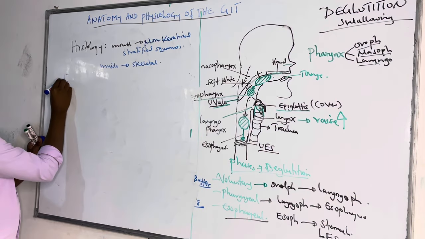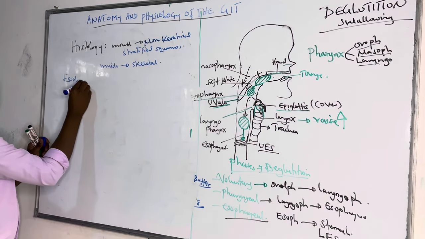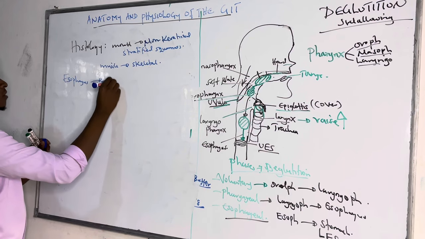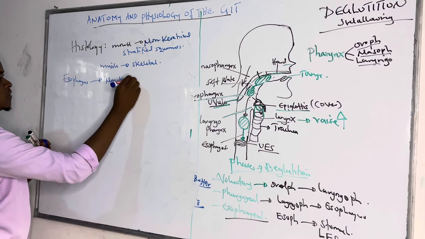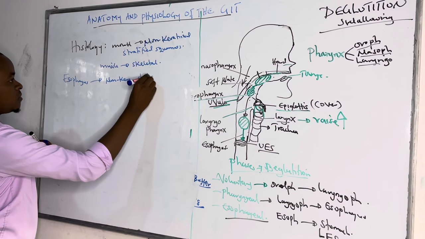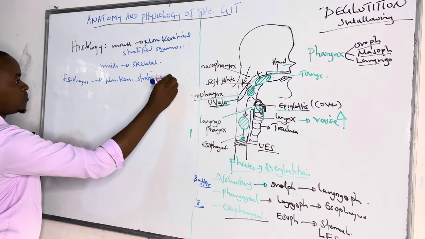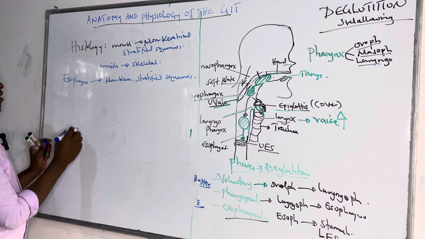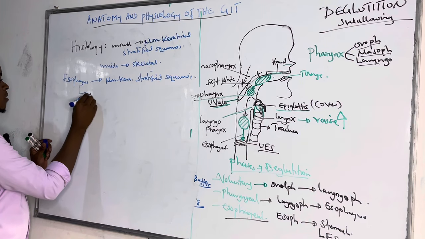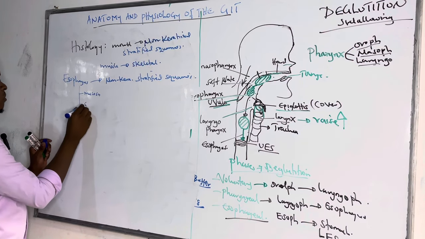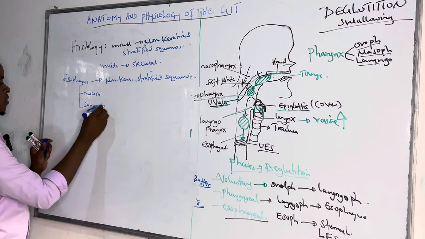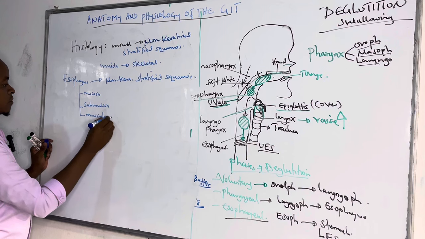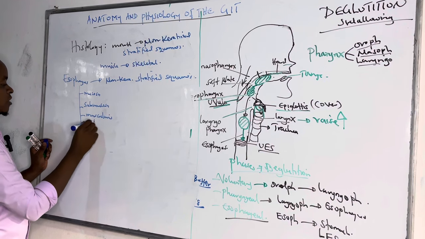Then when we go to the esophagus, the epithelial lining is still non-keratinized stratified squamous epithelia. That is the one lining the mucosa, whereby it has the mucosa layer, the submucosa, and the muscularis. Then it ends with the adventitia.